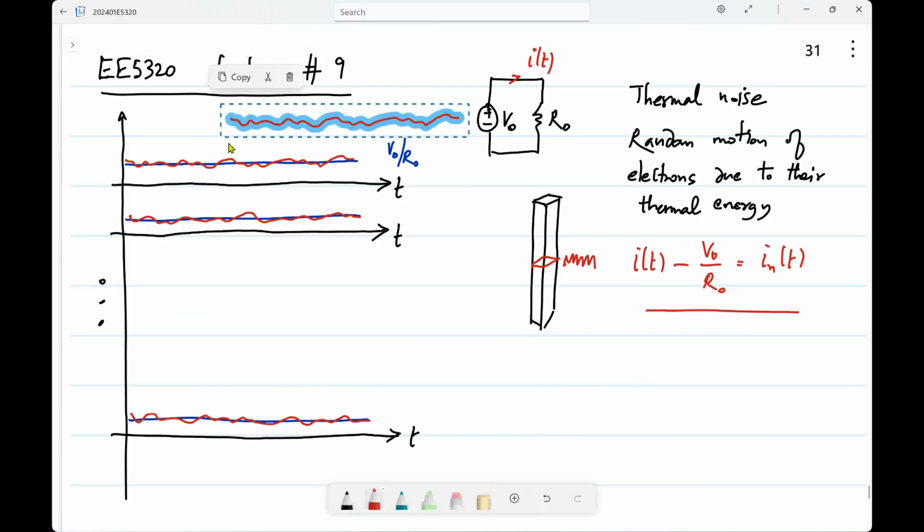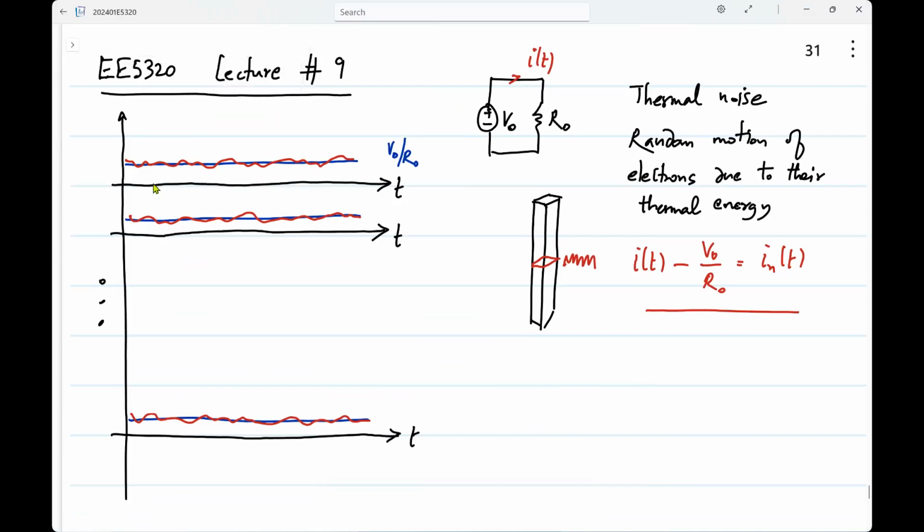If I simply move this down to 0, that is the noise part. You have the current because of the element relationship, plus you have this current because of random motion. The two are analyzed separately.